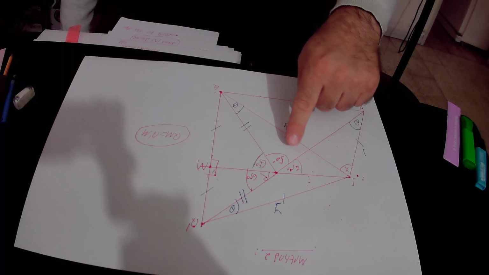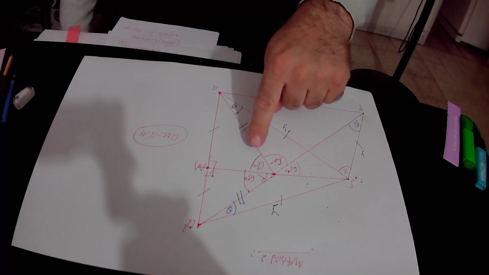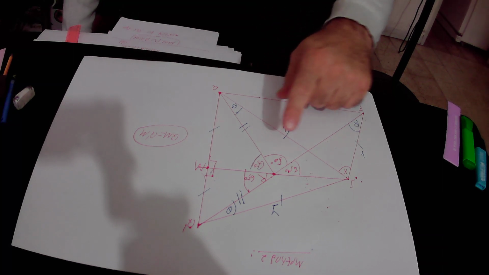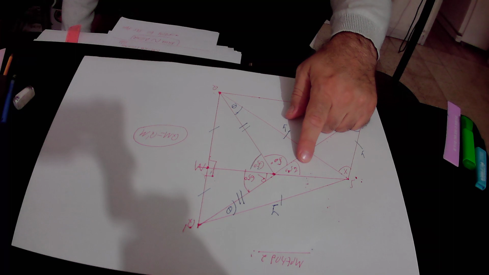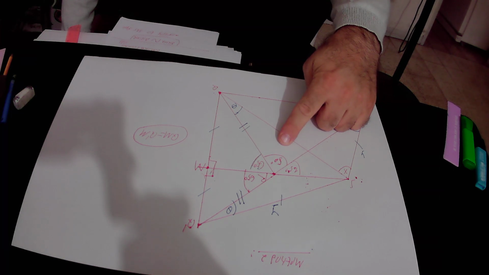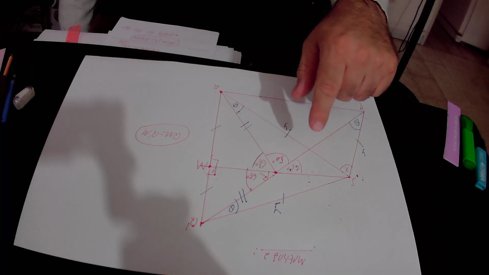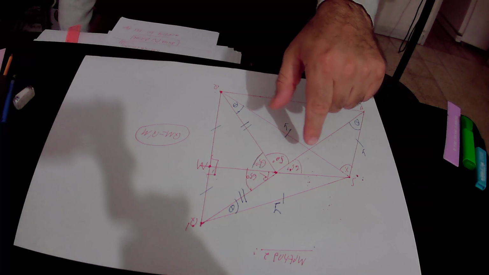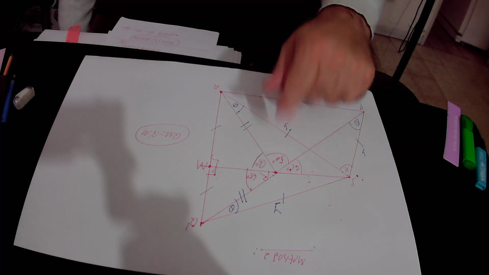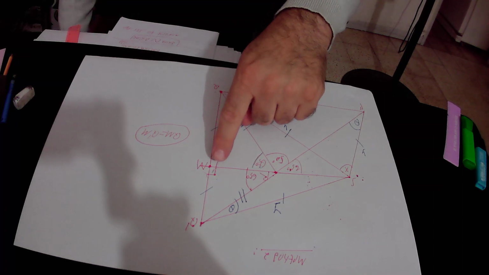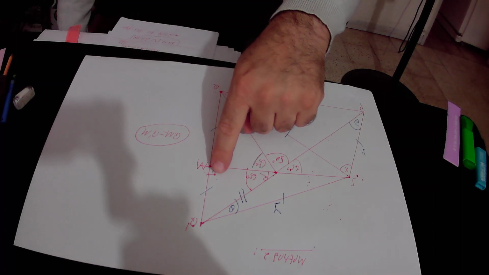Therefore, 65 degrees plus 50 degrees plus the size of this angle equals 180 degrees. So here we have 65 degrees plus 50 degrees is 115 degrees. So this angle must be equal to 65 degrees in order to complete the sum of the angles at point R to 180 degrees.